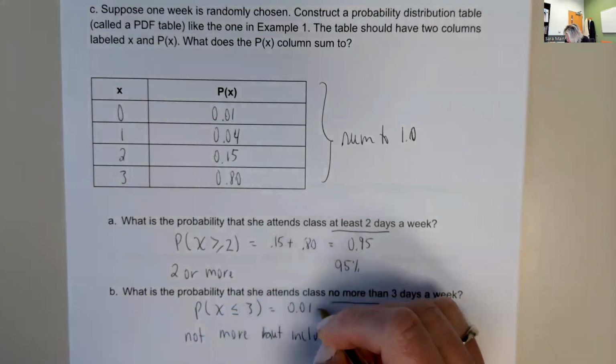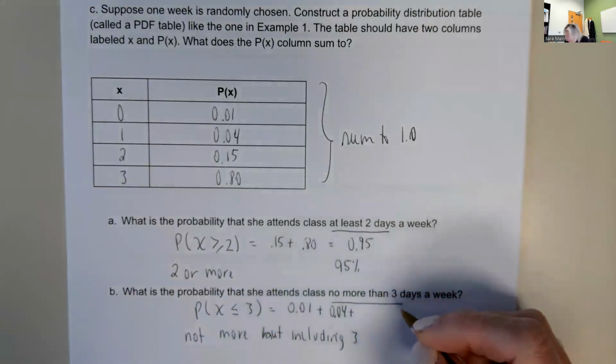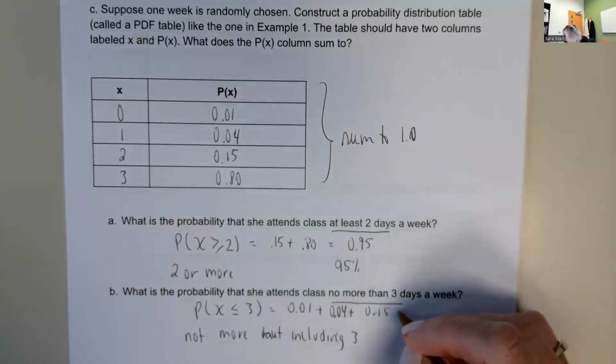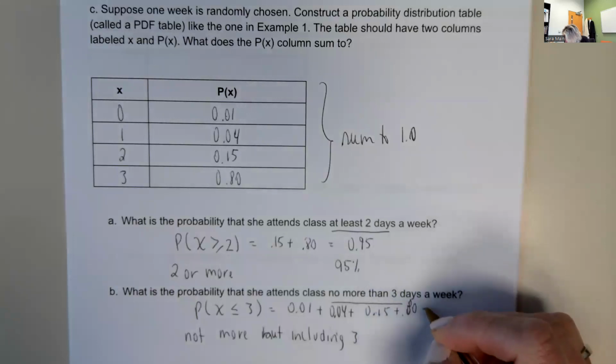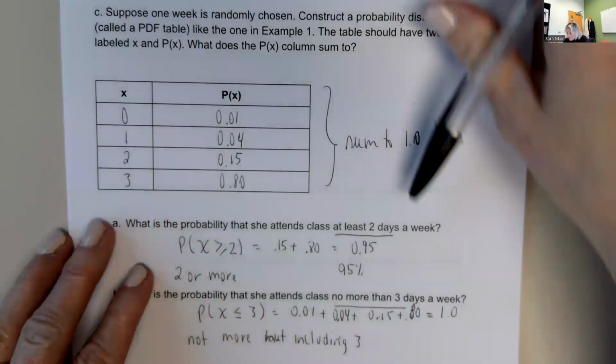So 0.01 plus 1, 0.04 plus 2, which is 0.15 and 0.8, which is equal to 1.